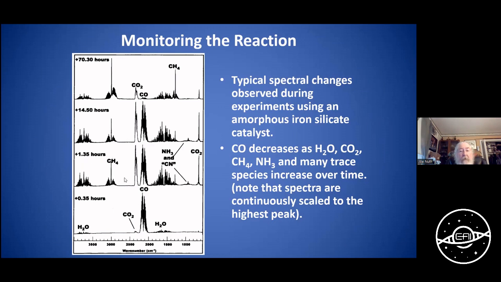Again, you're starting to get methane now and a nitrogen compound here, CN-ish reaction, CO2 as well. These continue to grow. Carbon monoxide continues to go down. And so we're making more and more complex hydrocarbons here, here, here, and here. The spectral changes are pretty obvious, and it's obvious that the CO is the feedstock to make the rest of these compounds.